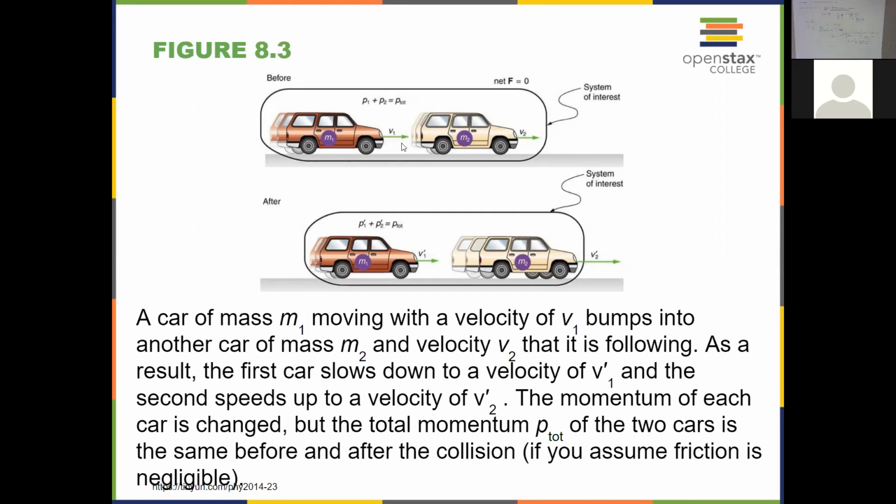The net force should be equal to zero, so momentum should be conserved. The car behind will lose some momentum, giving it up to the car in front of it. This car will gain momentum, but the sum of the momenta from both cars will remain the same.